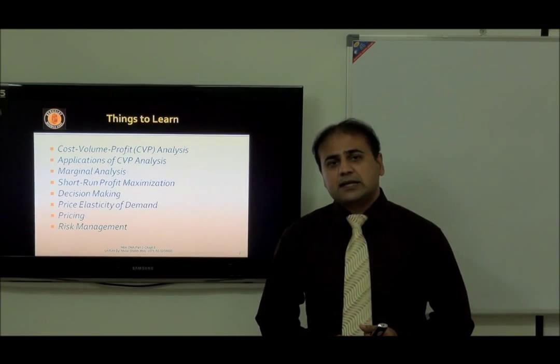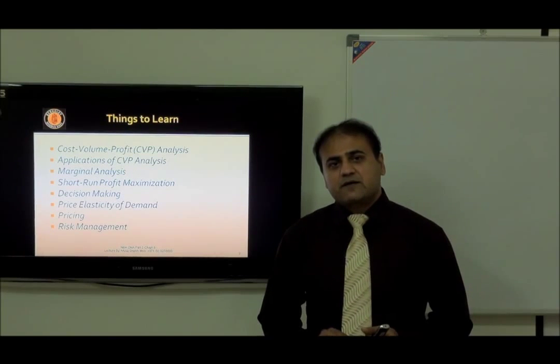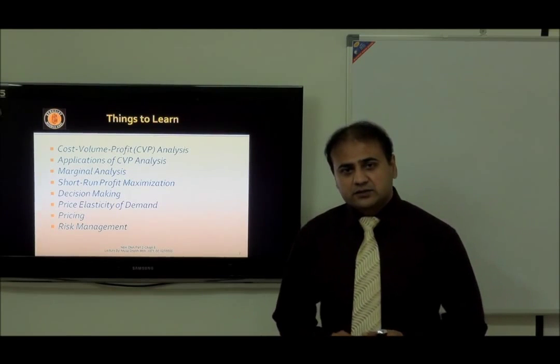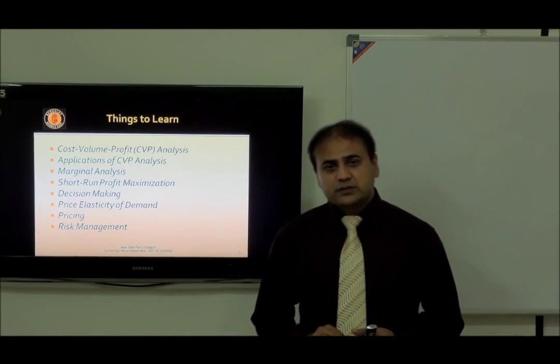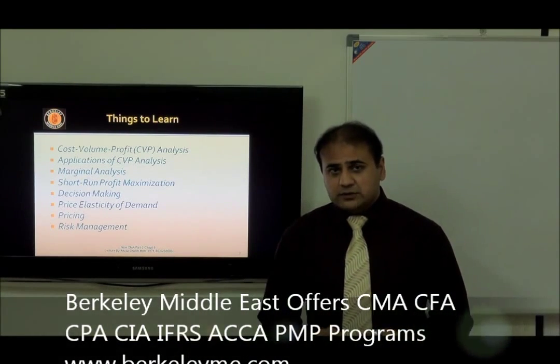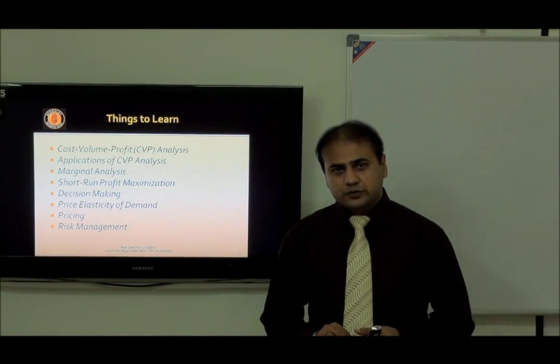Cost is classified into two behaviors. One is fixed cost, the other is variable cost. Fixed cost is a cost which does not change with the output. Variable cost is a cost which has direct relation with the output.